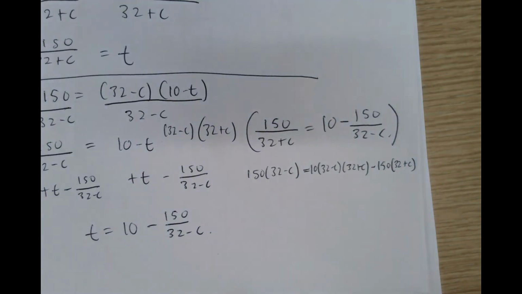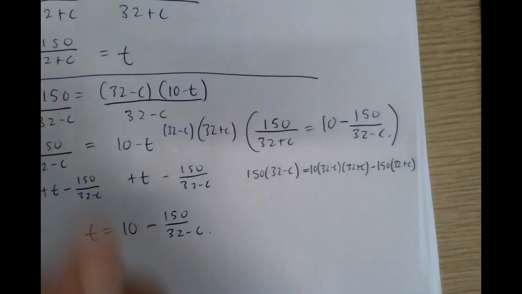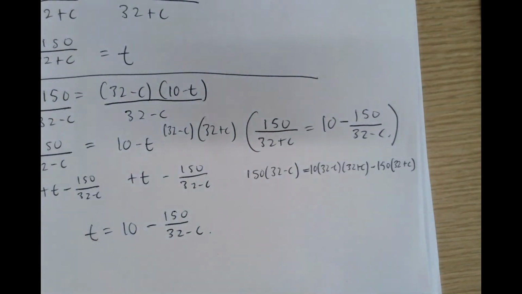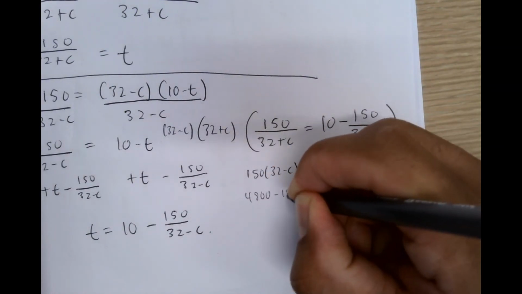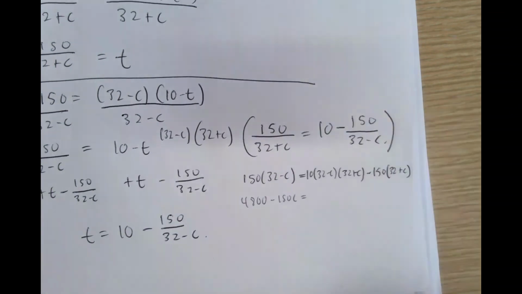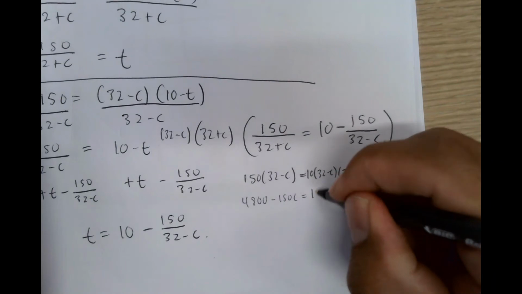So now I can just bust out my handy calculator. 150 times 32 is equal to 4,800 minus 150c is equal to, and here would be 32 squared times 10. This would be 10240.